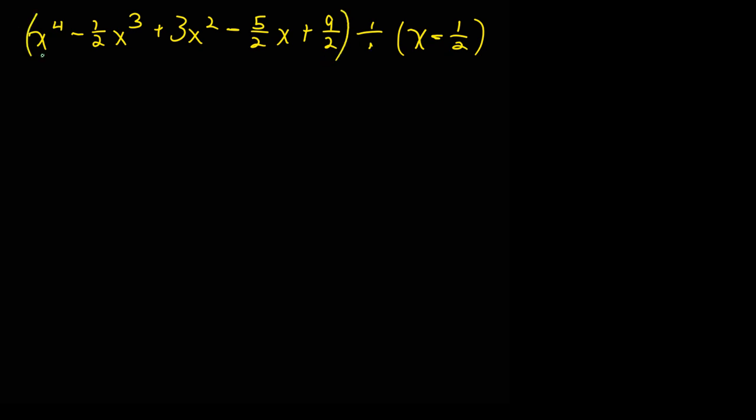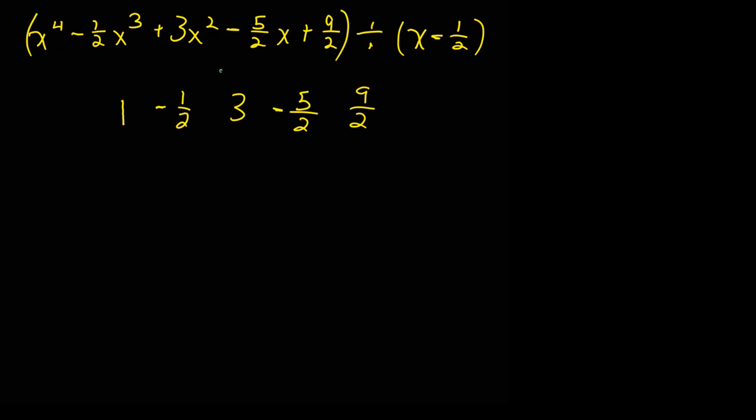So for the synthetic division algorithm to work for me here, I need to have a linear term, and I do. X is to the 1st power. This is linear that I'm dividing by. So I need to write my coefficients for my polynomial. So I have 1, negative 1/2, 3, negative 5/2, and 9/2. And I'm just going to double check. I have 4, 3, 2, 1, 0 for my powers.